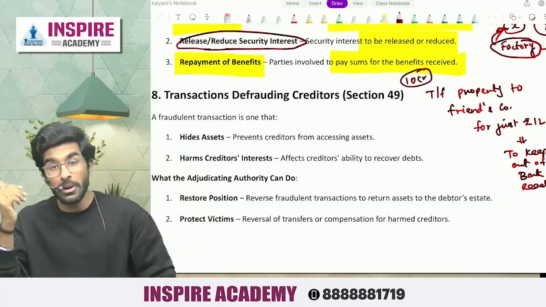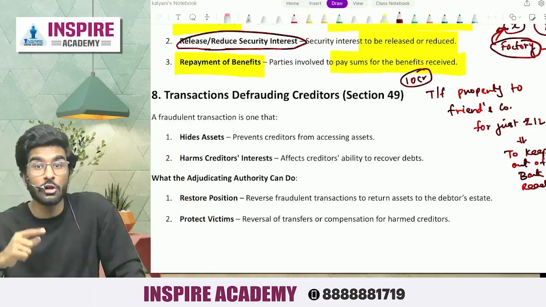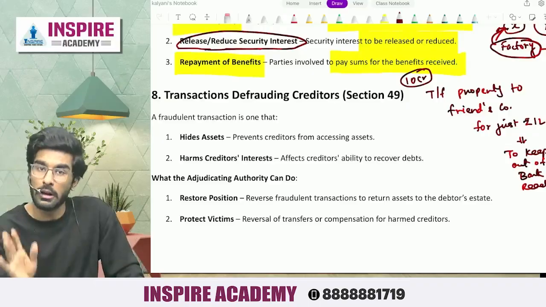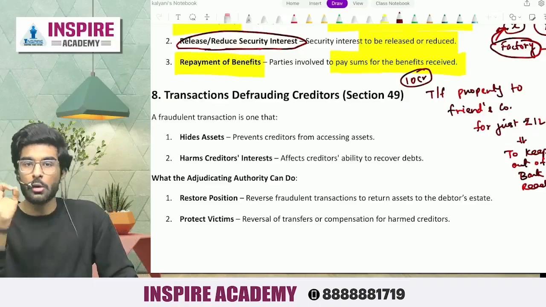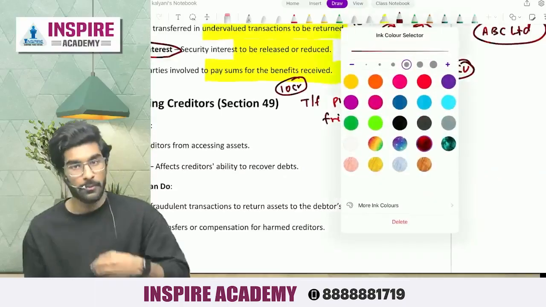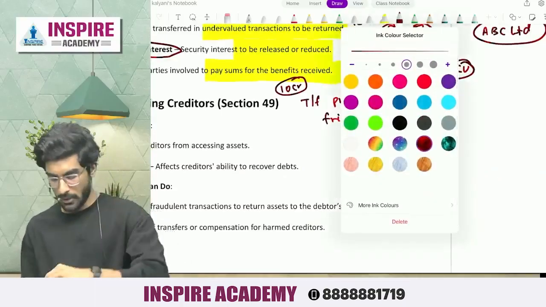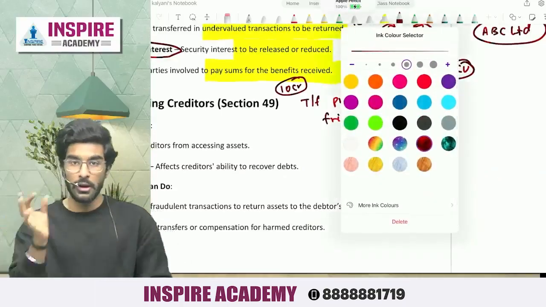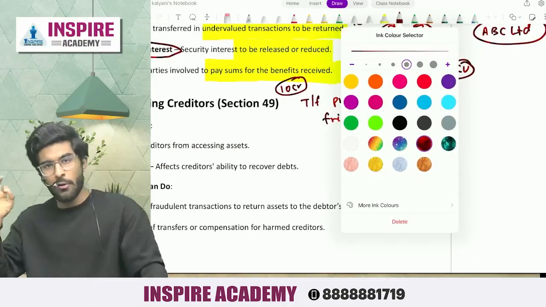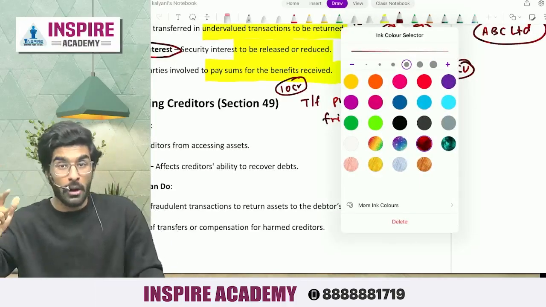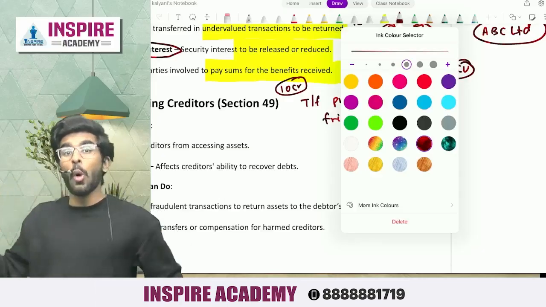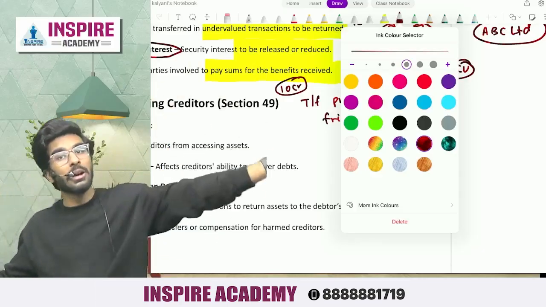Now number three is, people, there is your intention to defraud the creditors. There is an intention to defraud the creditors from the side of the corporator. Now let's understand, people. If you have transferred your company's assets to a friend for a very, very low price, that is not important. But the important point is you are selling the assets to hide them from the creditors.